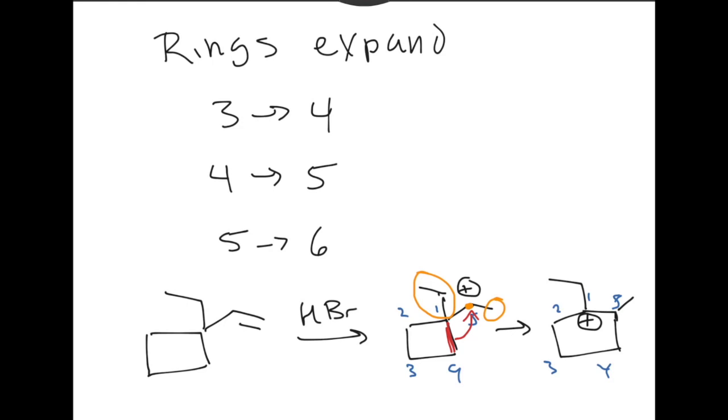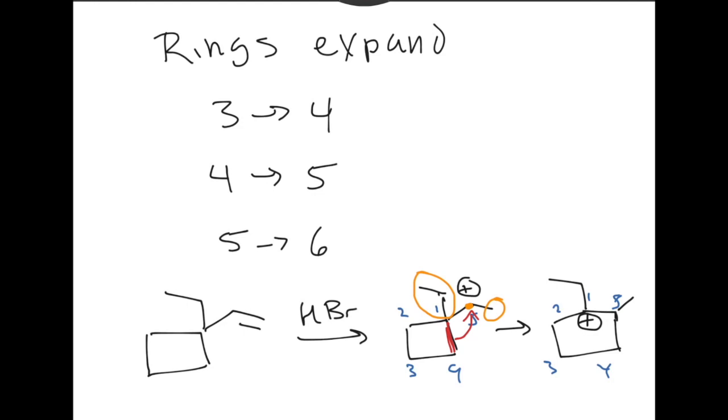So in this case, doing the ring expansion gets me a more stable ring, right? I go from a 4-membered ring to a 5-membered ring, from something that has bond angles of about 90 degrees to something that has bond angles of about 108, which is way better. And I go from having a secondary carbocation to having a tertiary carbocation, right?